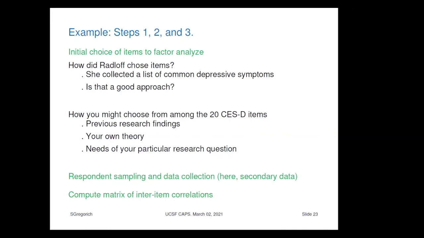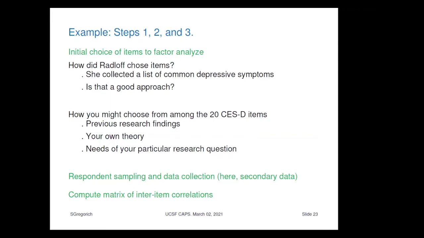So she didn't start, at least according to her description, with this idea that there were a certain number of latent variables that she was interested in measuring, and then choose items to reflect each of those. She just collected a list of common depression symptoms.